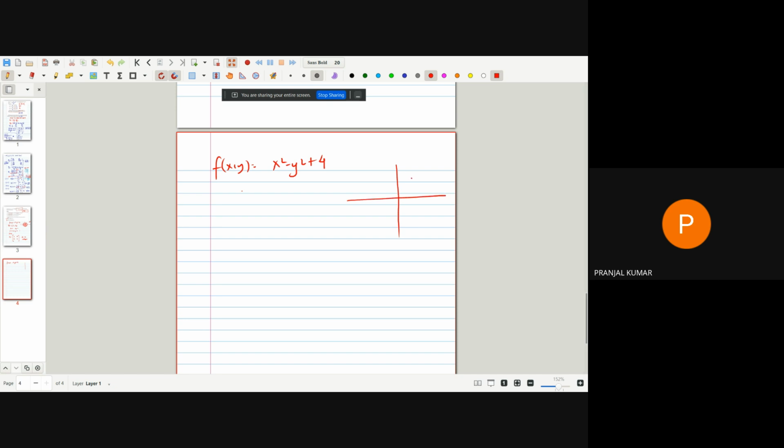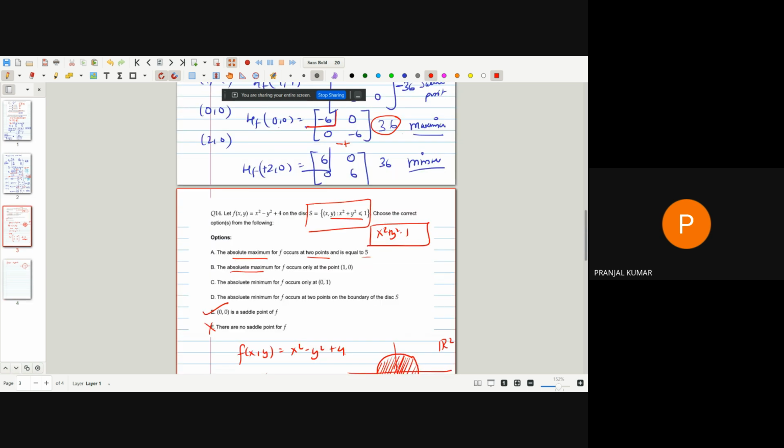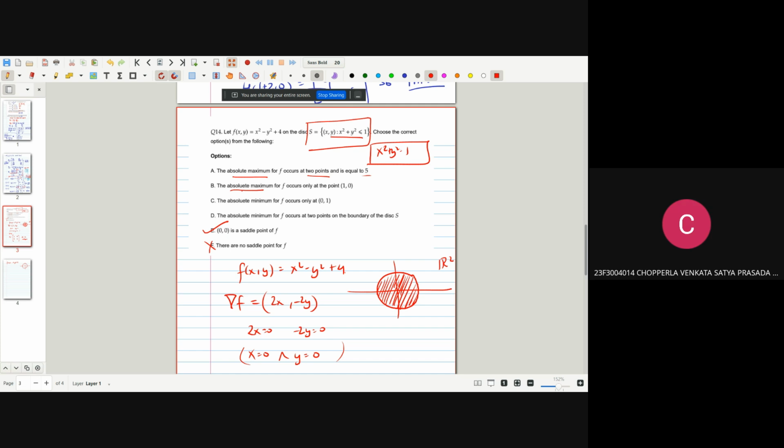Sir, first, don't we need to find the intersection points between f and the circle? No, I don't think so. See, this is telling you the domain.